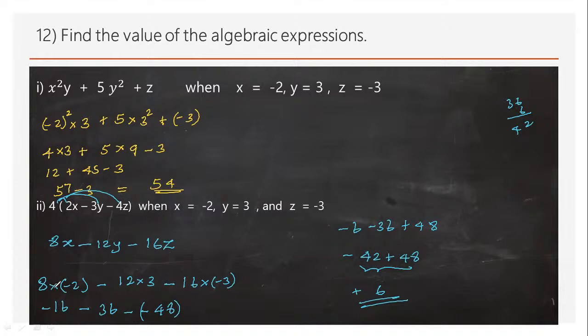Substitute the values. 8 into, yes, 8 into minus 2, that is minus 16. 12 times 3, minus 36, minus 48. Here y is 3, minus 3. 16 into 3, 48.